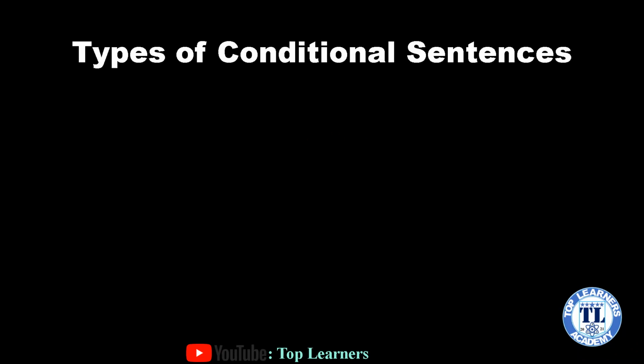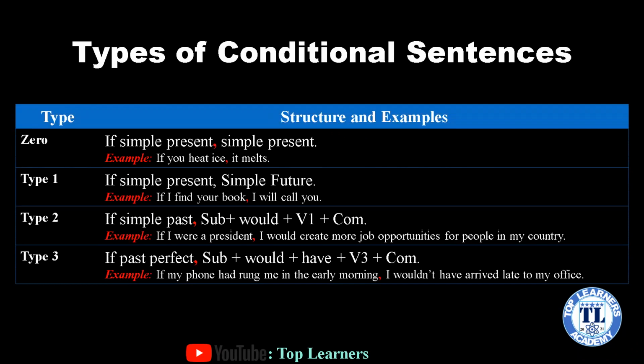Okay, types of conditional sentences. In English grammar, there are 4 conditional sentences: type 0, type 1, type 2, and type 3. Type 0 conditional sentences are facts, and if is in simple present, while our main clause is in simple present too.